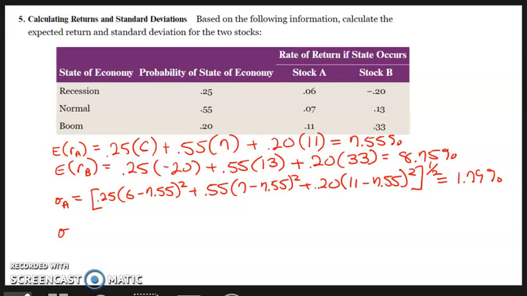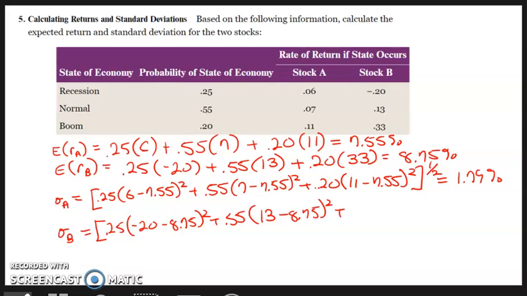So sigma B, we've got 0.25 times the negative 20 expected return minus the 8.75, square it, plus 0.55 times the 13 minus 8.75 squared, plus the 0.2 times the 33 minus 8.75 squared.